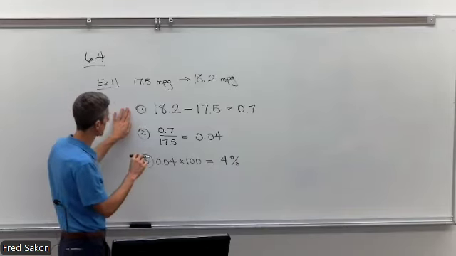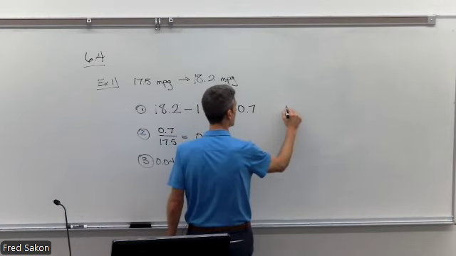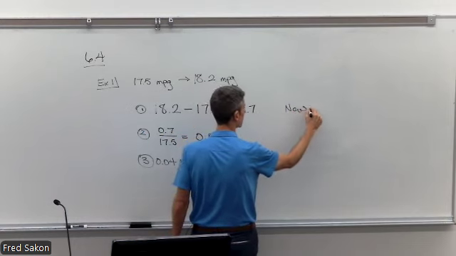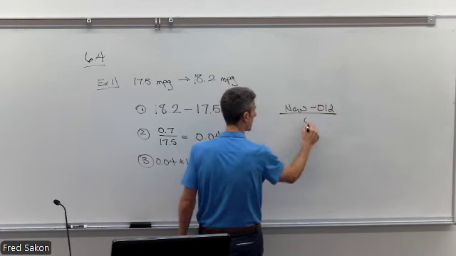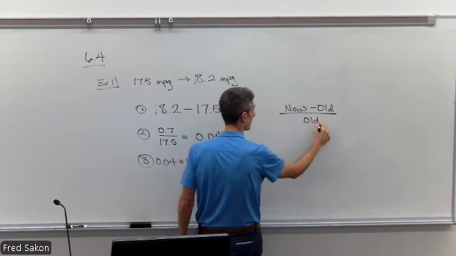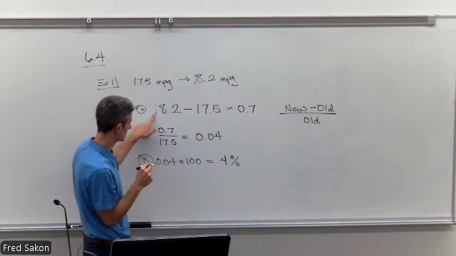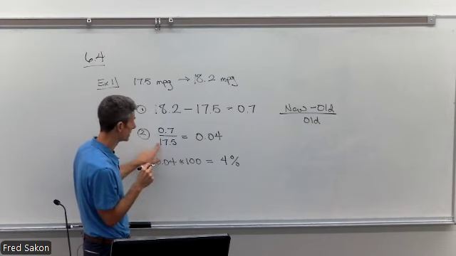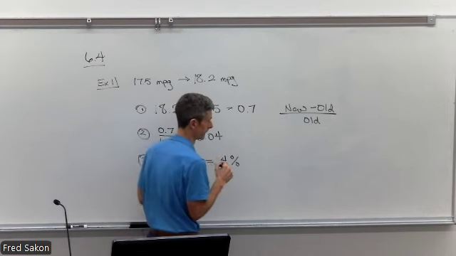So let me write these down more generally. We're taking the new amount, subtracting the old or original amount, and then dividing by the original or old amount. Subtract new minus old, divide by old, and then convert that to percent.